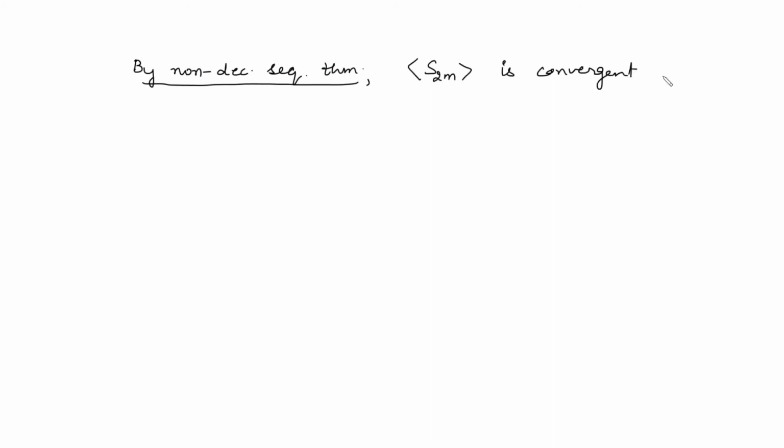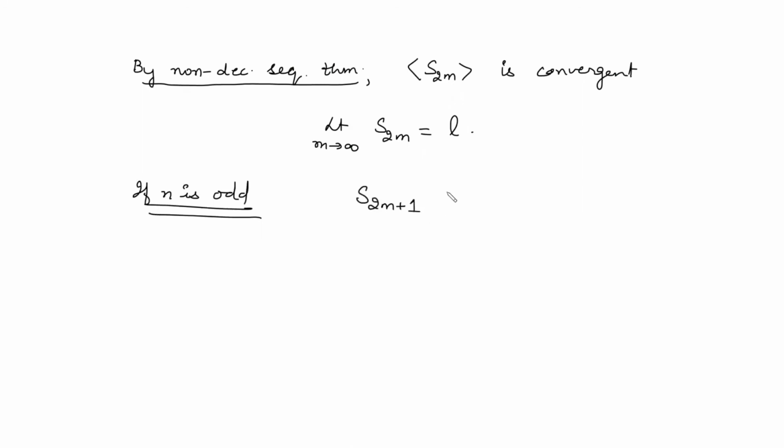So by the non-decreasing sequence theorem, the sequence s2m is convergent. Say it converges to L, meaning the limit as m approaches infinity of s2m is L. Now if n is odd, what will be the sum of first 2m+1 terms?